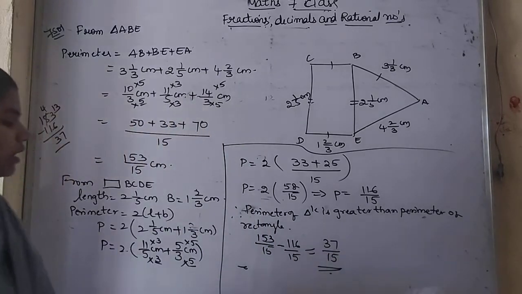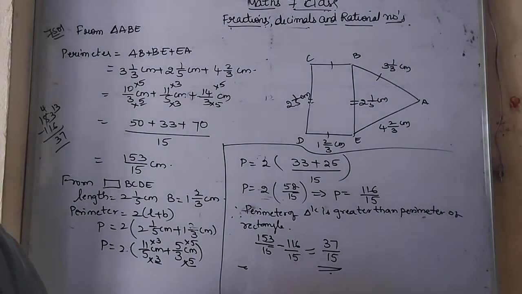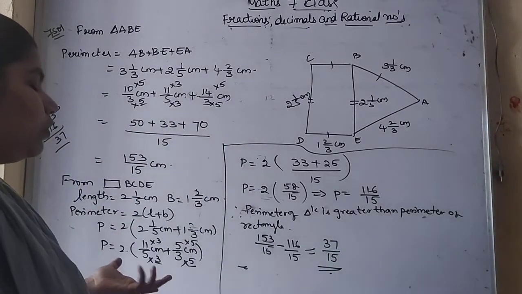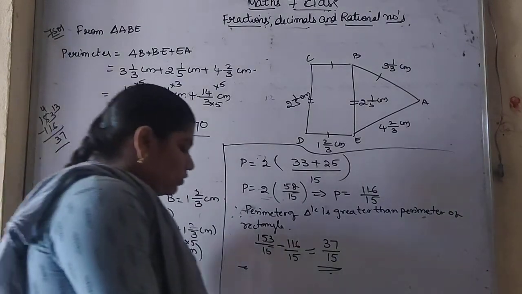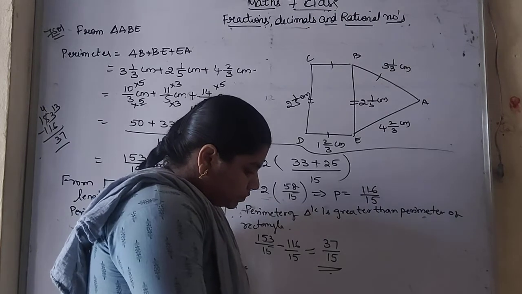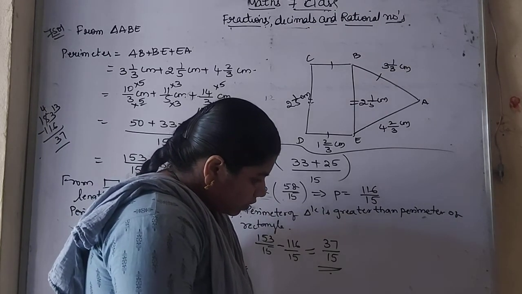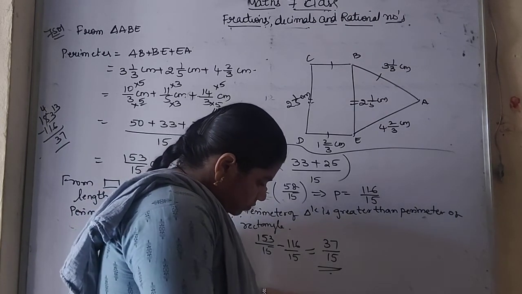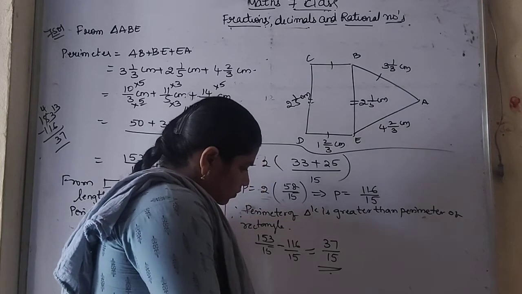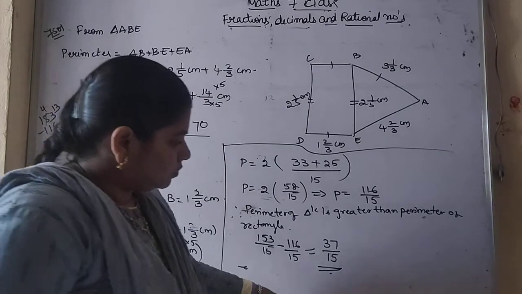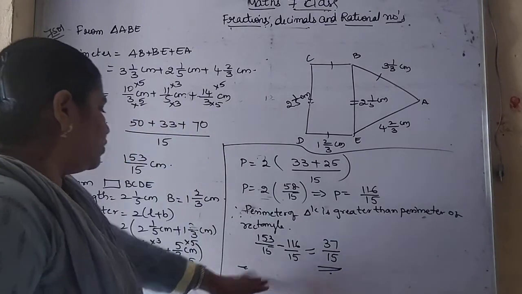So the perimeter of the triangle is greater than the perimeter of the rectangle by 37 by 15. So this is our answer.